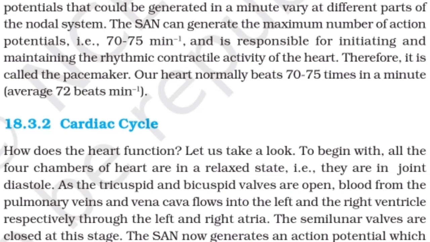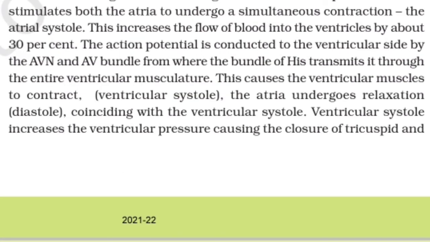The SAN now generates an action potential which stimulates both the atria to undergo a simultaneous contraction, the atrial systole. This increases the flow of blood into the ventricles by about 30%.